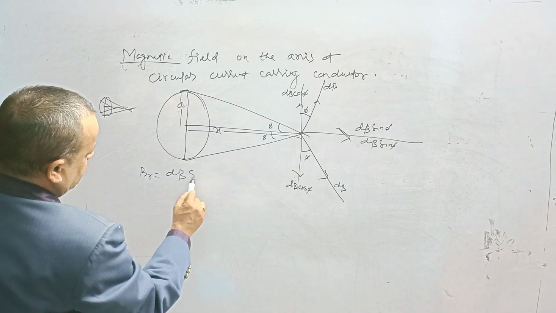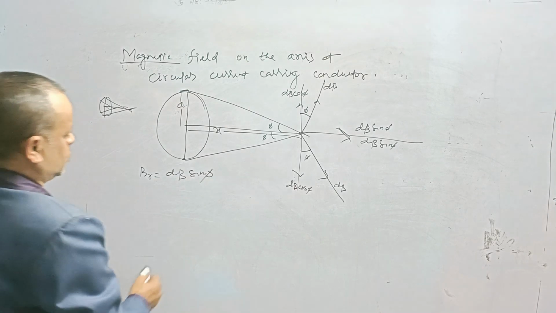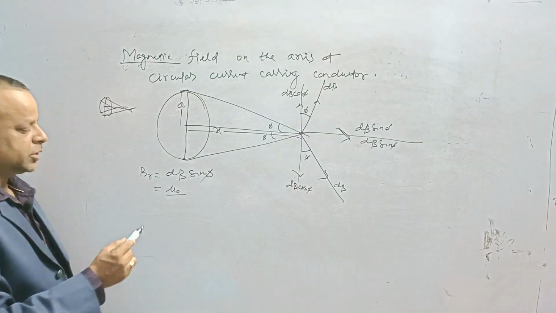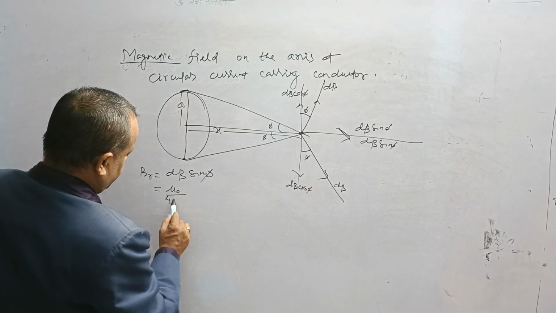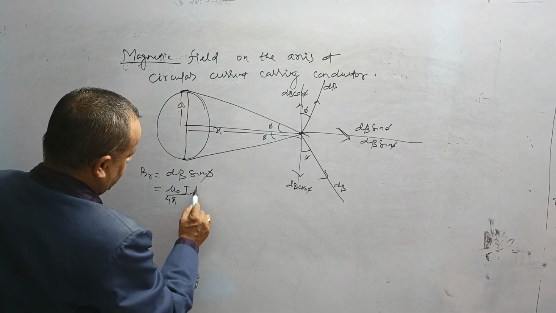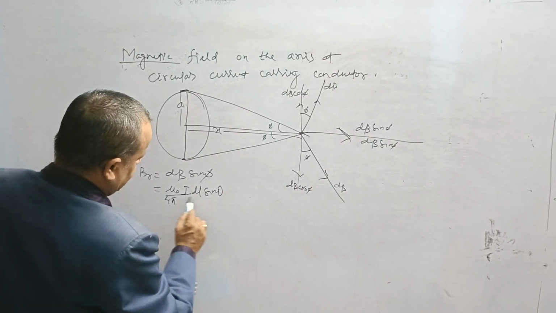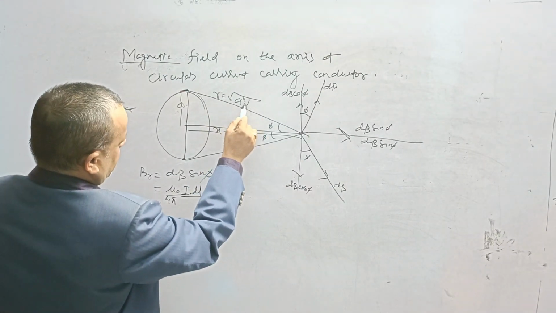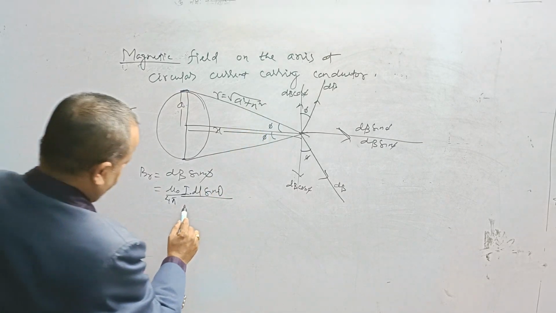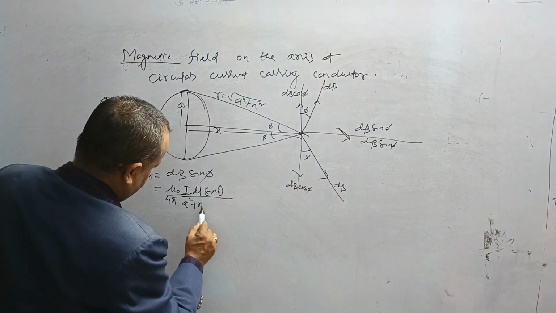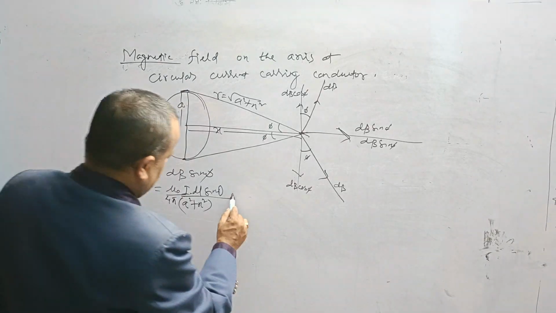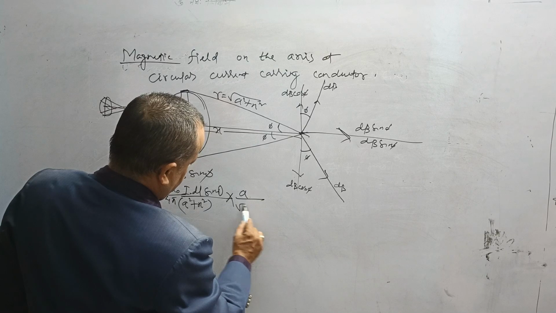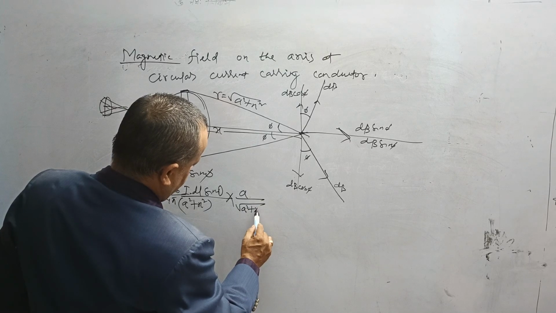Delta B sin phi. For delta B we will utilize Biot's law, that is mu naught upon 4 pi I dl sin theta upon r square. The distance over here is root over a square plus x square, so r square is a square plus x square. Then sin phi is perpendicular by hypotenuse, it is a over root over a square plus x square.